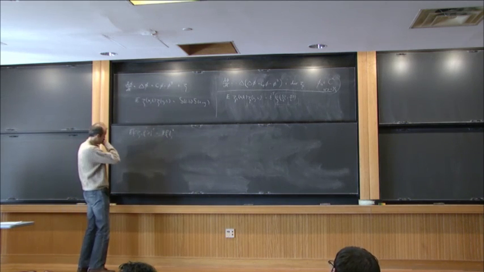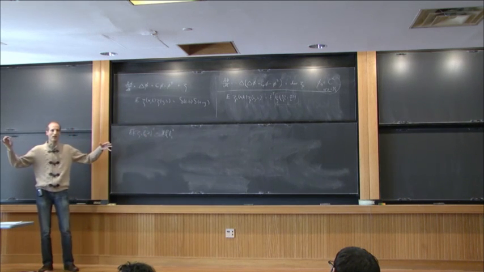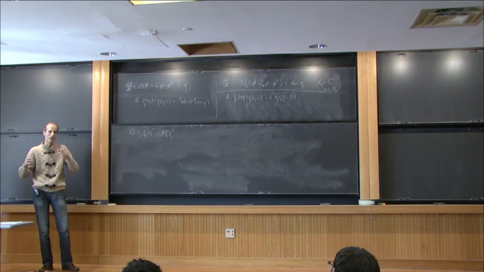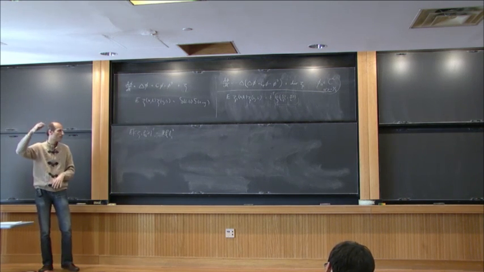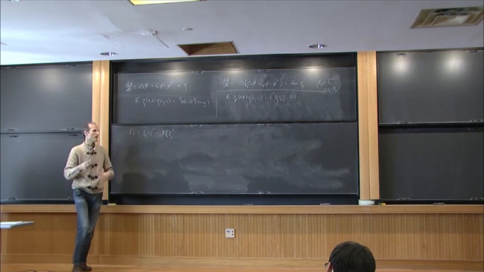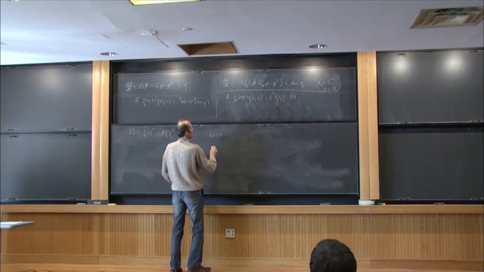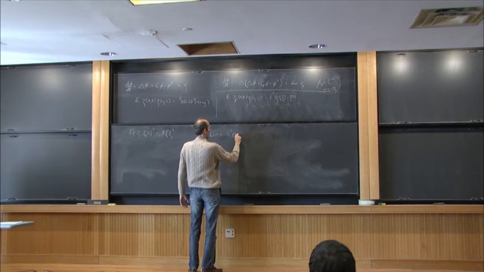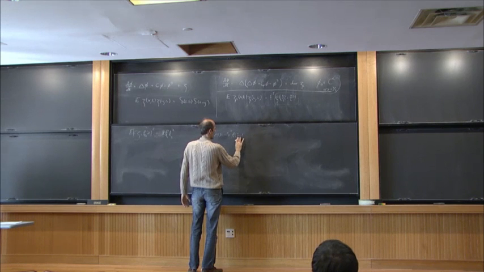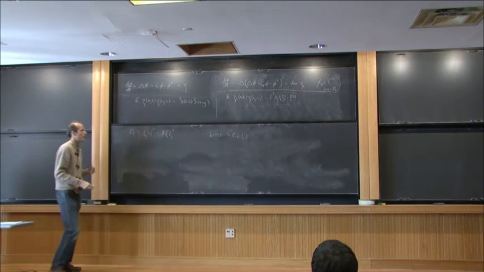What it means is that if I take an f delta, which is something that looks like a delta function, so I take a bump function and then I rescale it so it looks like a delta function, and I do it with the parabolic rescaling, then f delta of x and t would be something like delta to the minus 5, f of x over delta, t over delta squared. So you do something that looks like a delta function.